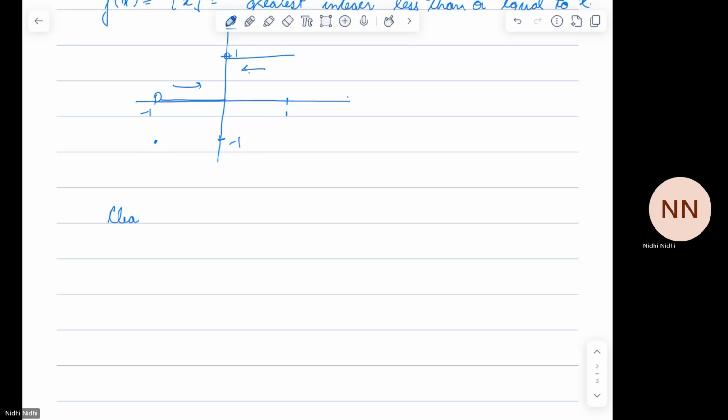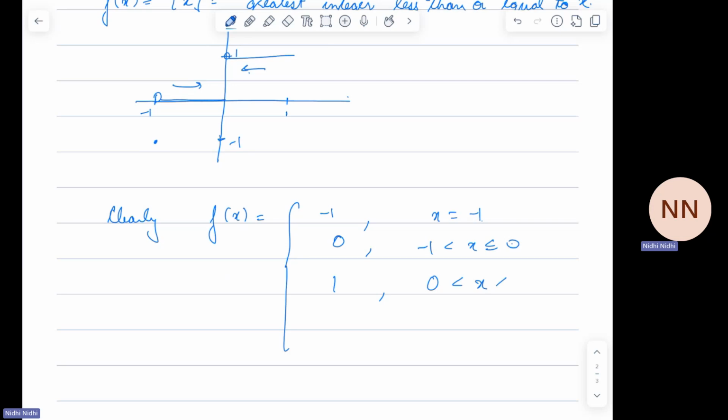So in this case, clearly the function f(x) is a piecewise function which gives value -1 at x equals to -1, -1 for -1 strictly less than x less than or equal to 0, and 0 for 0 strictly less than x less than or equal to 1.